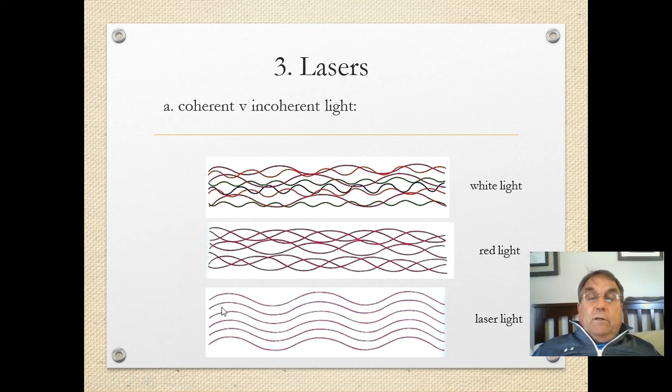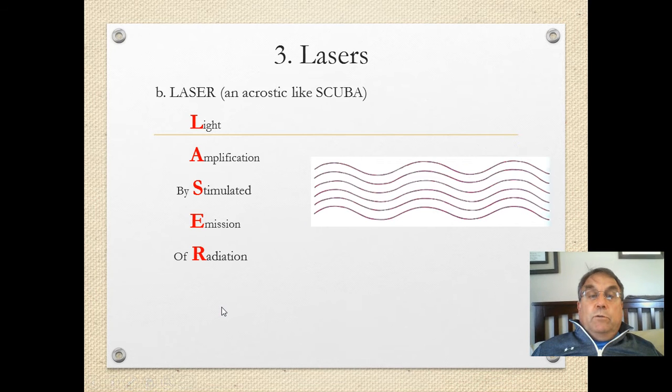Now, the word laser is kind of like the word scuba. It's an acronym or an acrostic. SCUBA stands for self-contained underwater breathing apparatus. Laser stands for light amplification by stimulated emission of radiation.